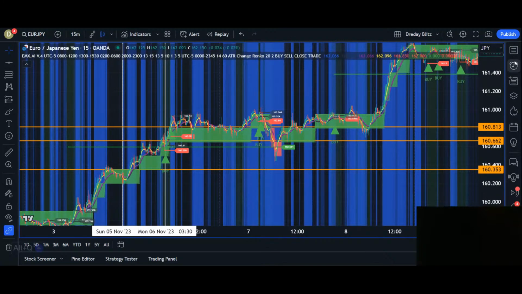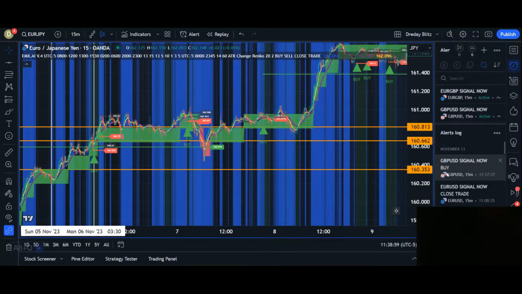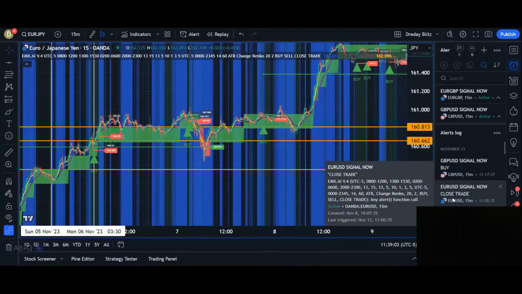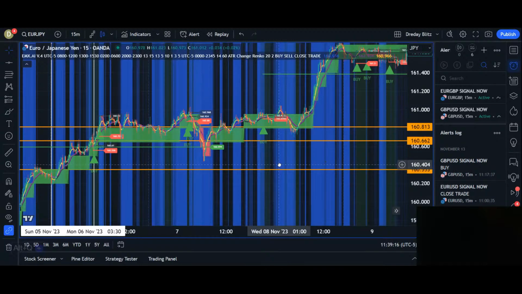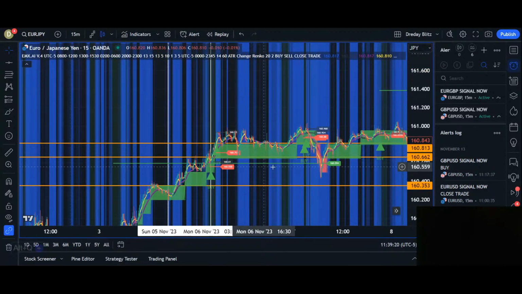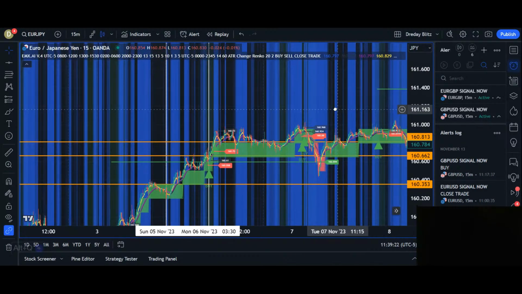So if I open my signal, you're going to receive a signal here, the one that is called close trade. This is the signal for the Renko trend switch. Okay, so the next time that you're going to get out of the trade will be when the trend changes.